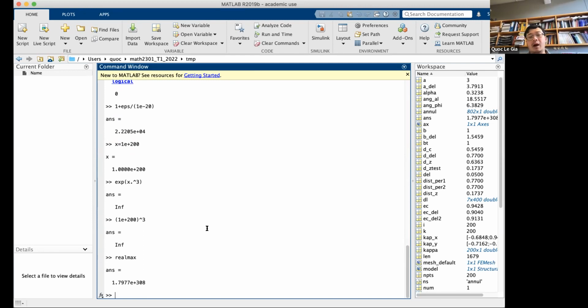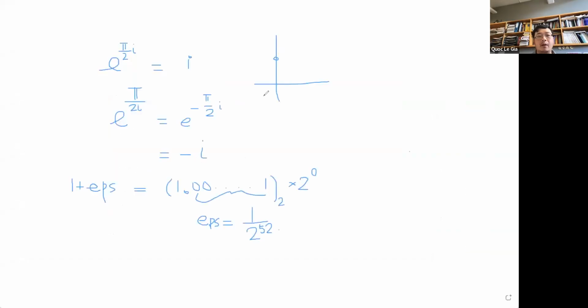And remember, how do we get this number? I explained it in the lectures already, but I can explain again. Real max is where you turn on all the digits and you make the power E max.